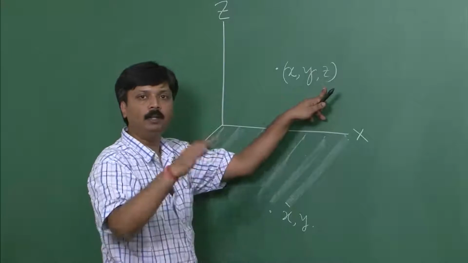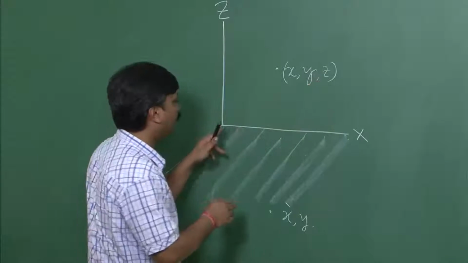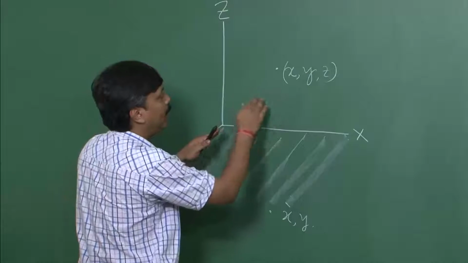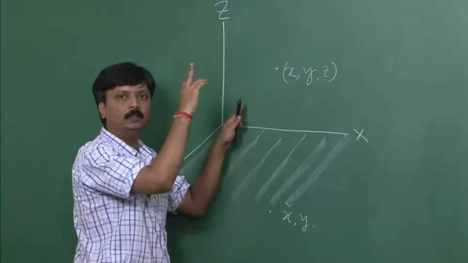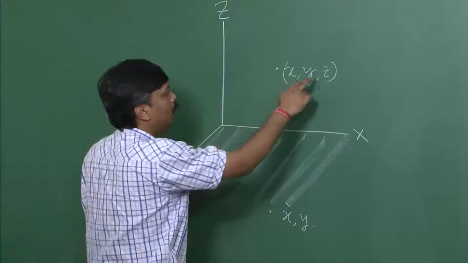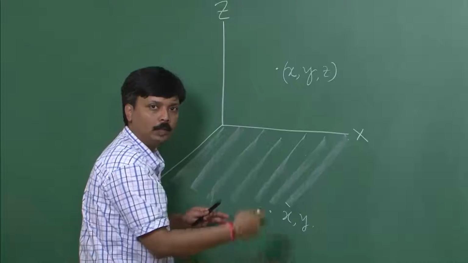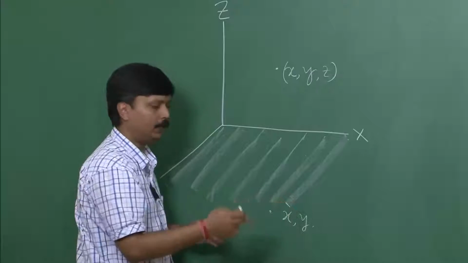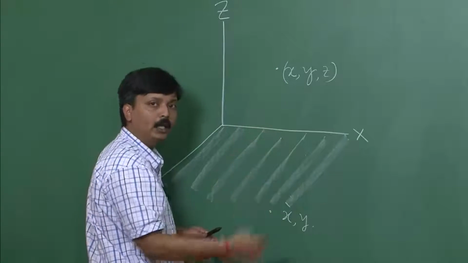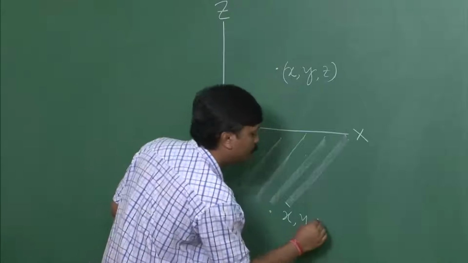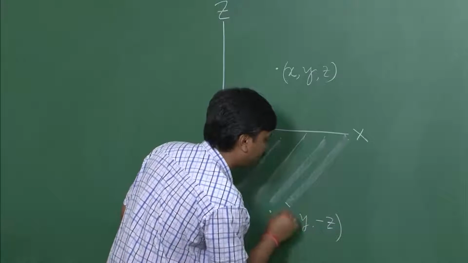I said it will be reflected. So I know right now I have the point where the z coordinate is in the positive z direction, correct. So now this z will go downside and it will have a negative coordinate. So it will be exactly inverted because reflection will take you equal distance on the other side of the plane. So you have minus z.